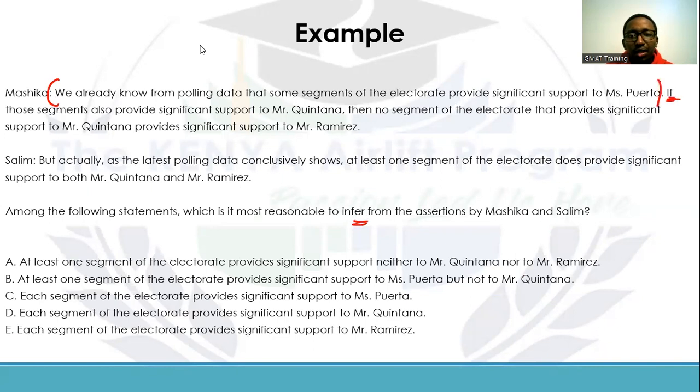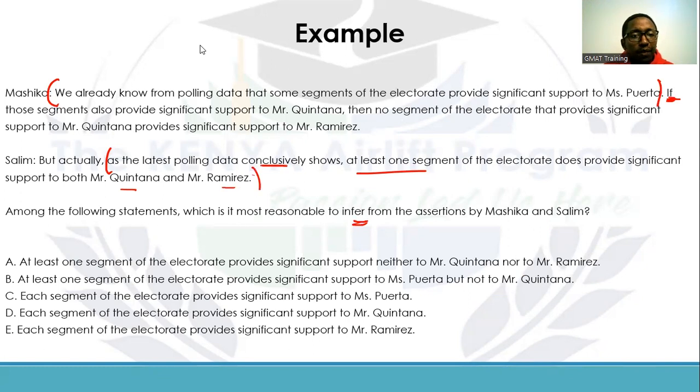So this is an if. So this is just a possibility. And then Salim says, as the latest polling data conclusively shows, so this is something else that we know for sure, at least one segment of the electorate does provide significant support to both Mr. Quintana and Mr. Ramirez. So those are two things we know for sure.